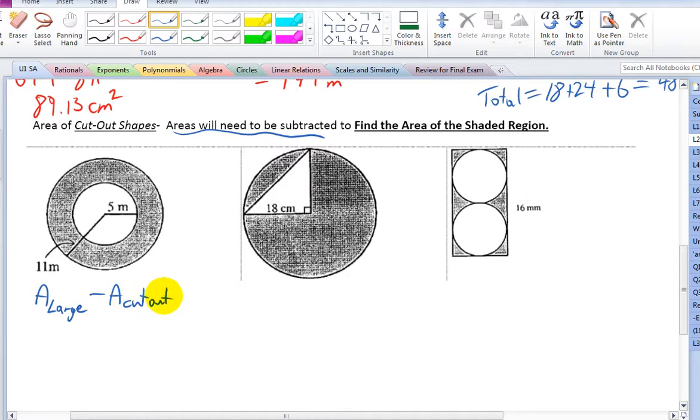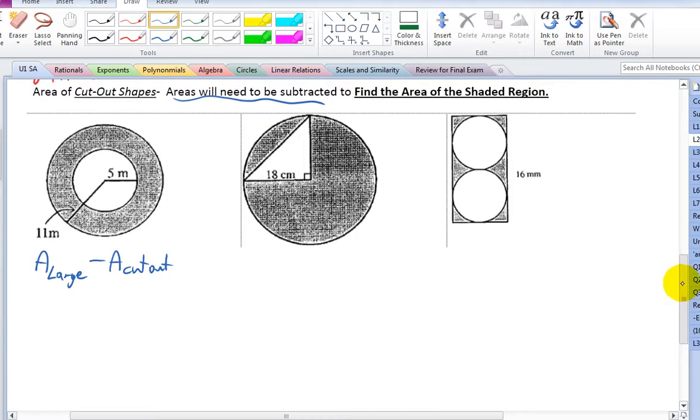Okay. So I'm going to break this into separate sections. Area of the large circle would be pi r squared. Find that answer. Go.